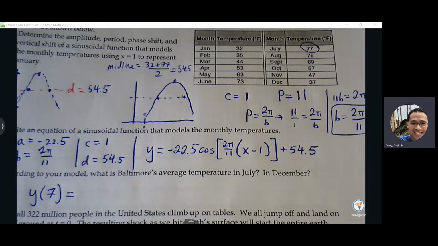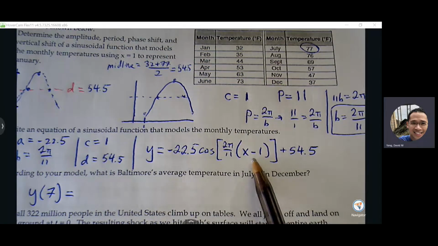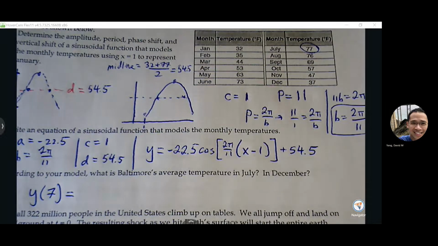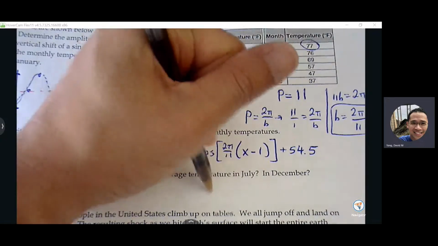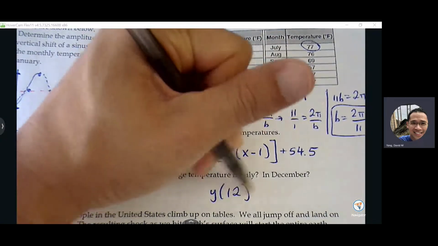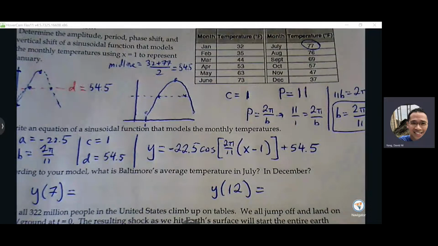Should we shift the graph left or right? We're shifting it to the right, the minus. Okay, so plug 7 into the function and plug 12 into the function, and we can find the temperature in those months.